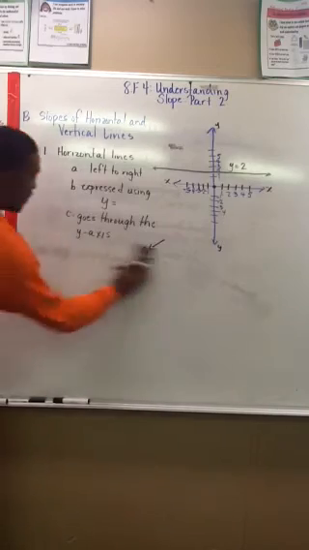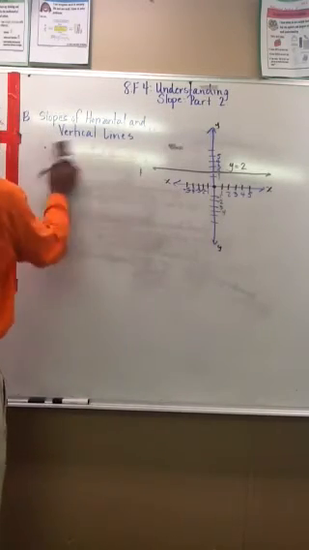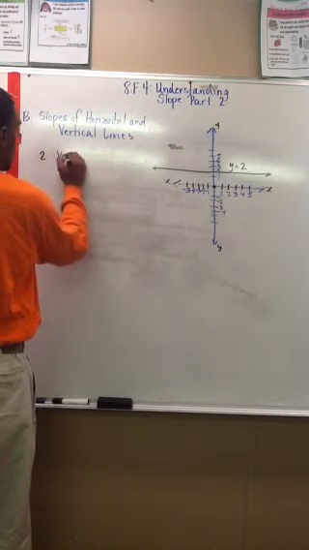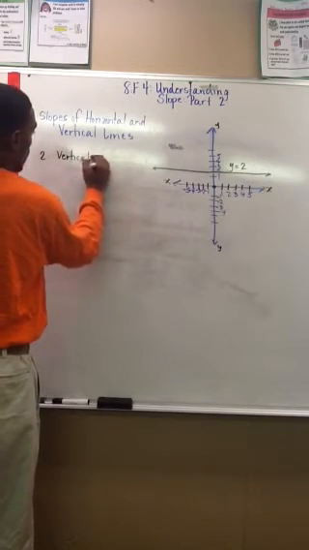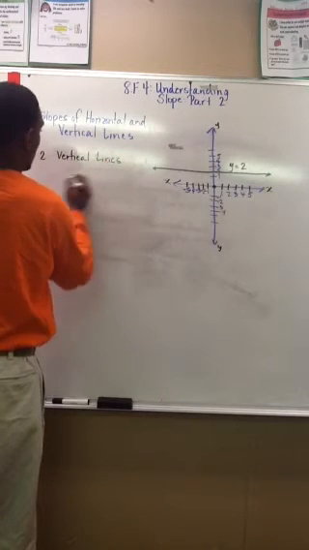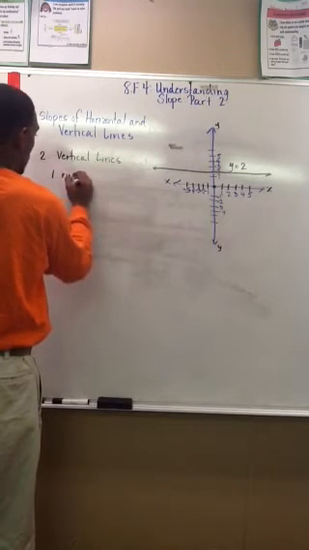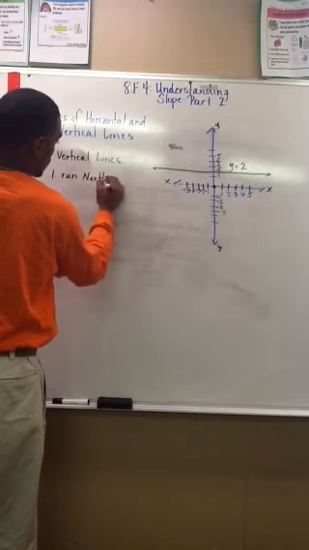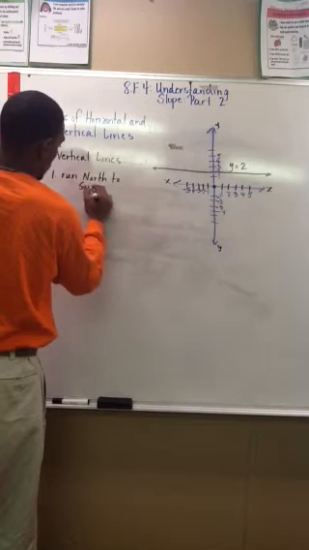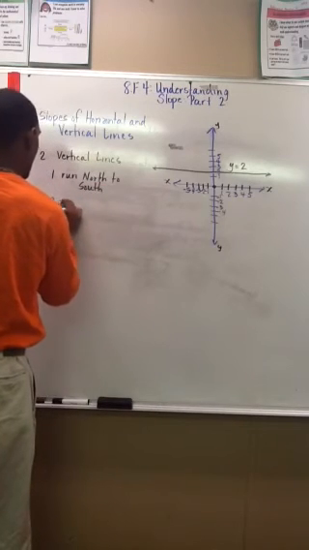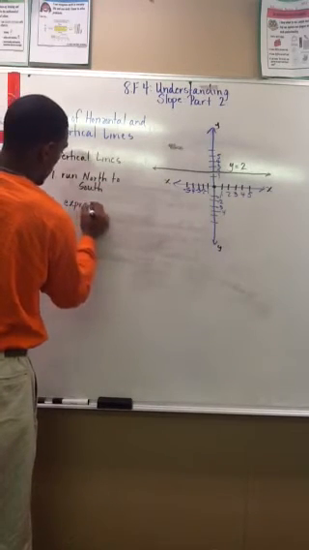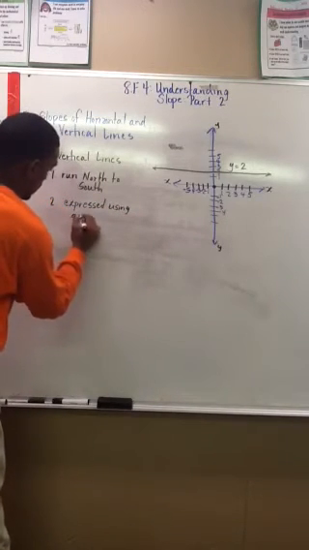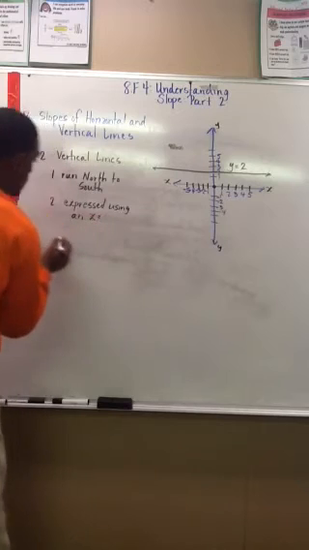If I was talking about vertical lines, which would be my number 2, vertical lines run north to south, which is top to bottom. They are expressed using x equals.